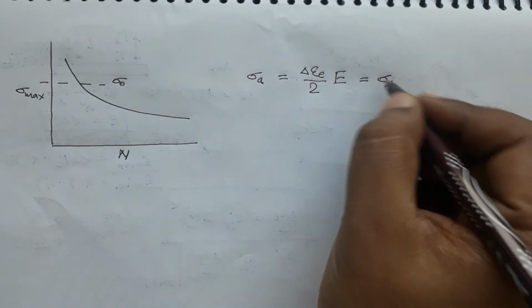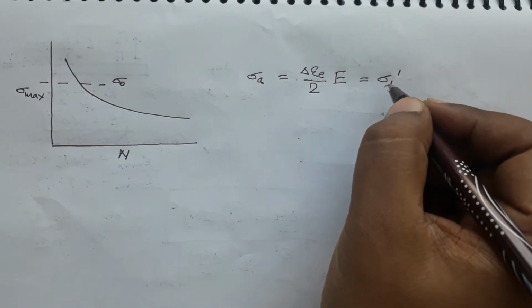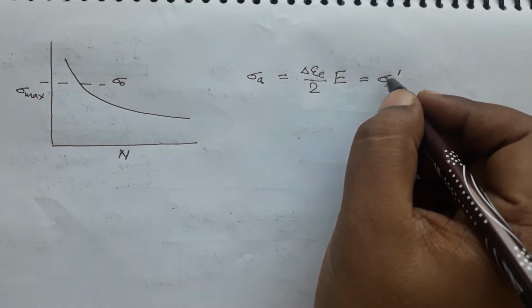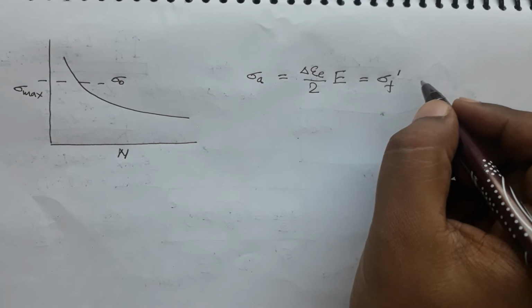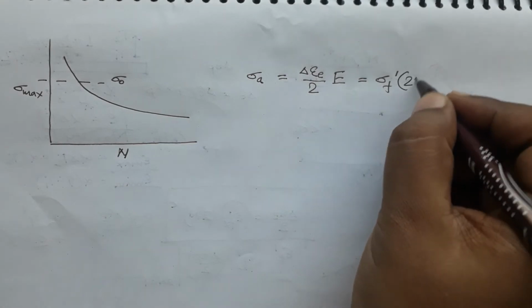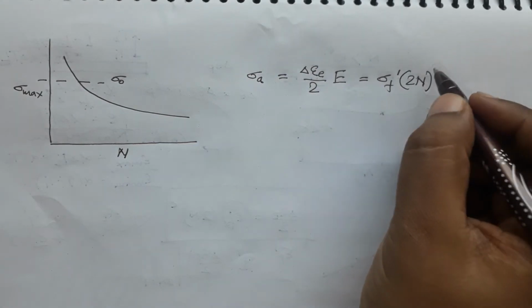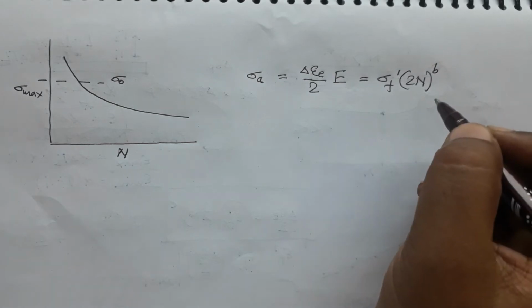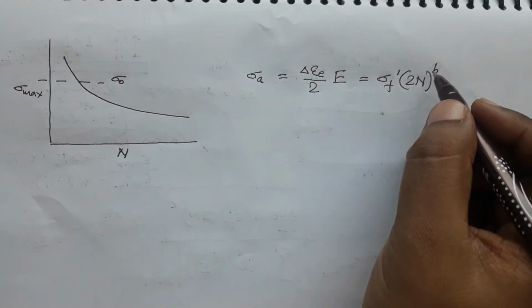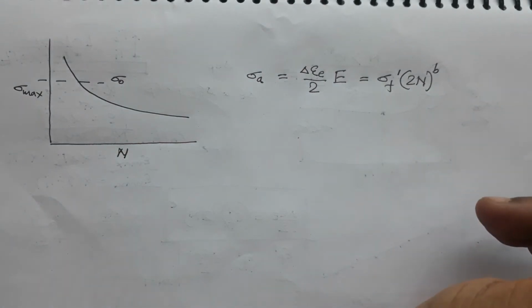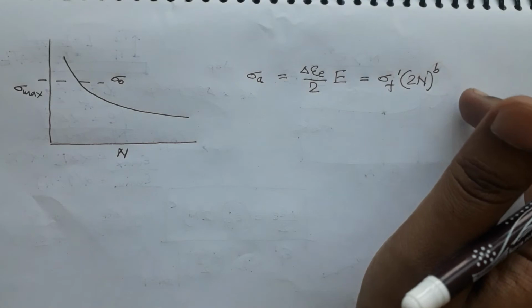We had a similar parameter in Coffin-Manson's law, where we had epsilon f dash. Similarly, here we have sigma f dash into 2N, and there we had a power of c; here we have a power of b. These values b and c are not arbitrary or random.